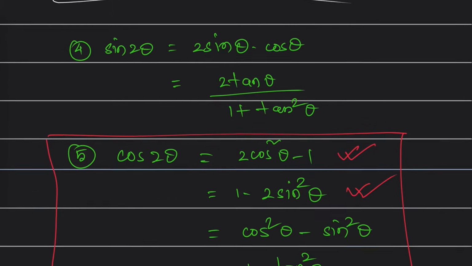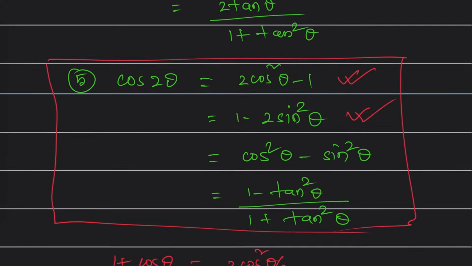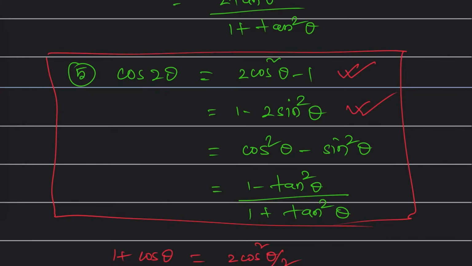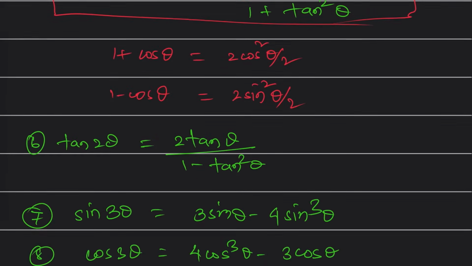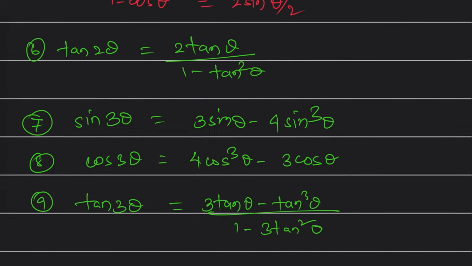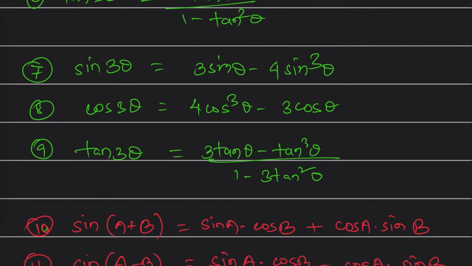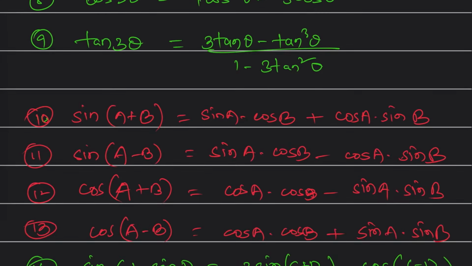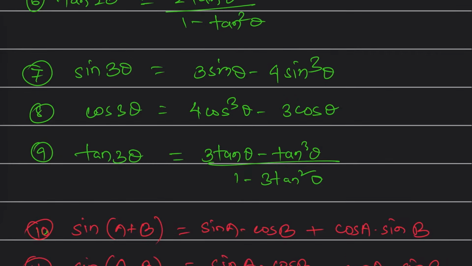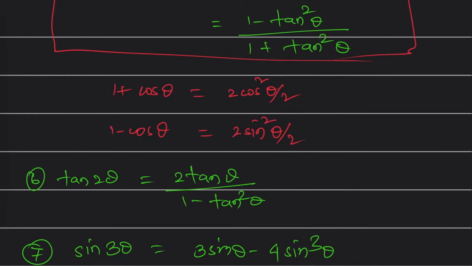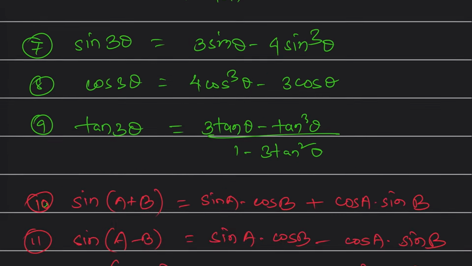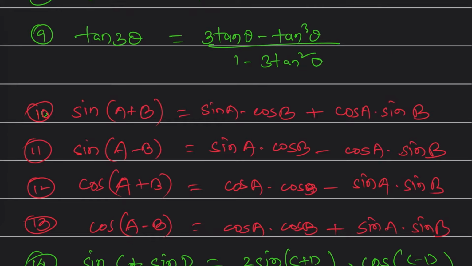Similarly, we discussed sin 2 theta, cos 2 theta, tan 2 theta, sin 3 theta, cos 3 theta, tan 3 theta. All these formulas are very important, though the 3 theta formulas are not as important as the sin, cos and tan 2 theta ones. So these are important formulas you should remember.